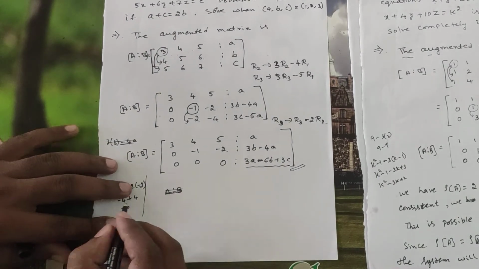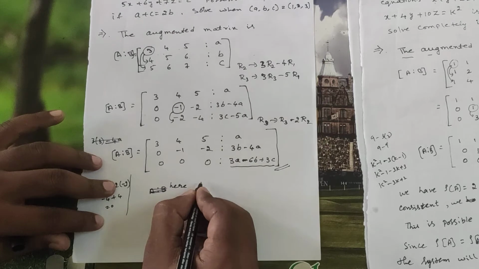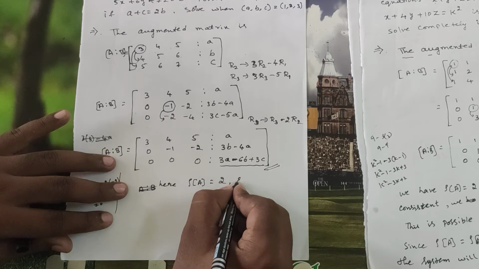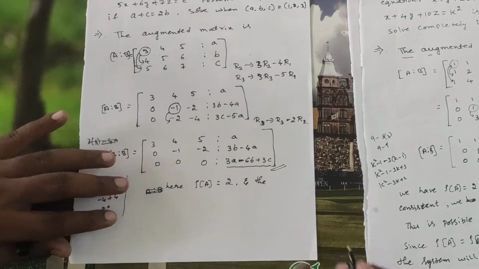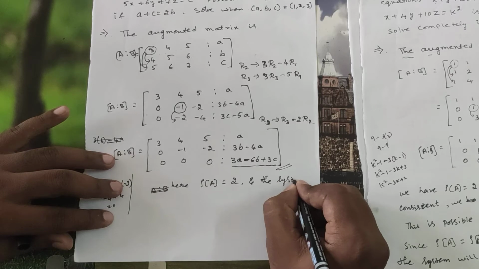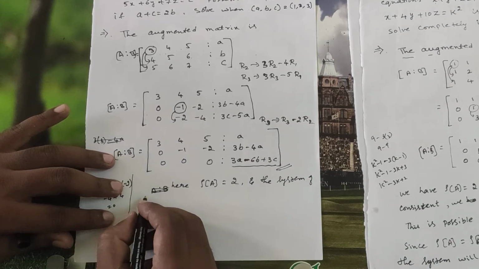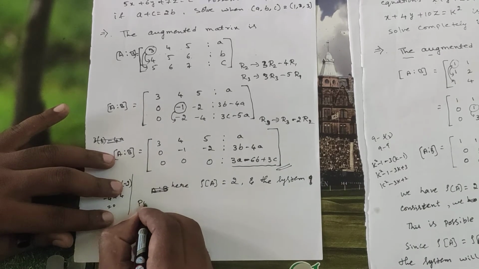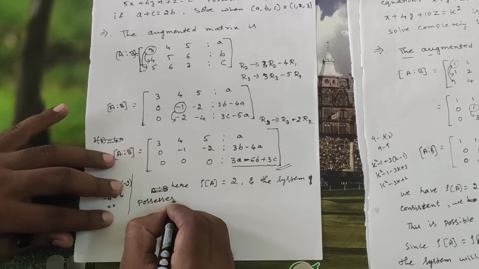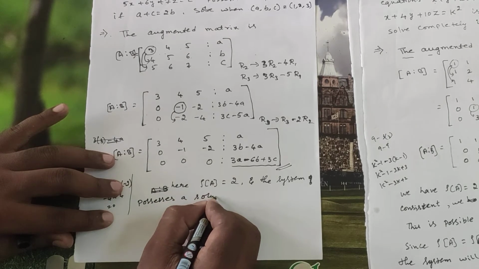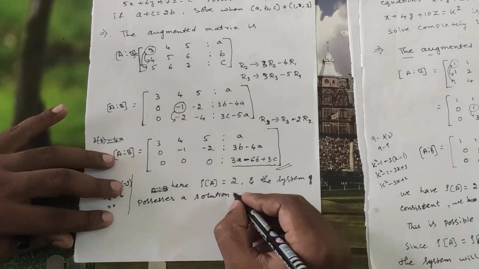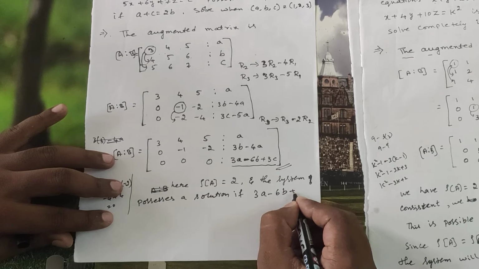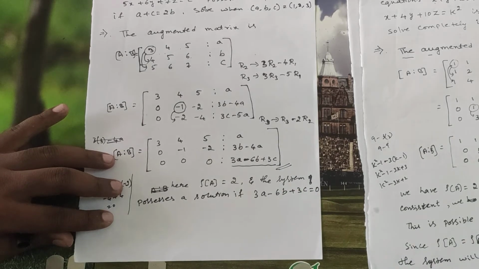So here rank of A equals 2 and the system possesses a solution when it is possible, 3A minus 6B plus 3C equals 0.